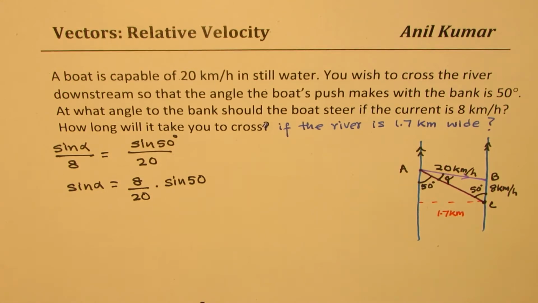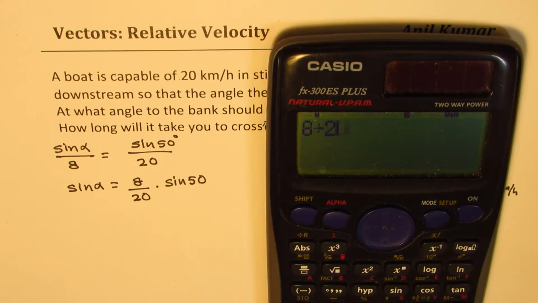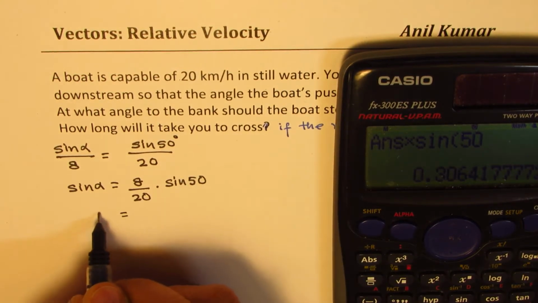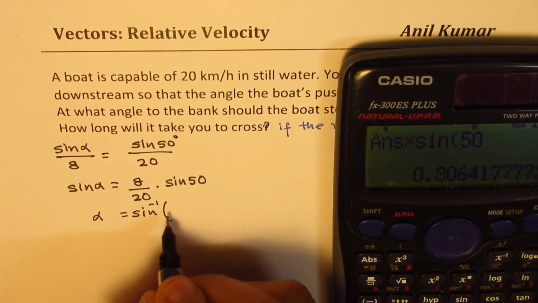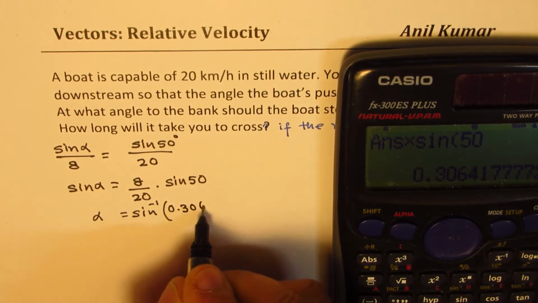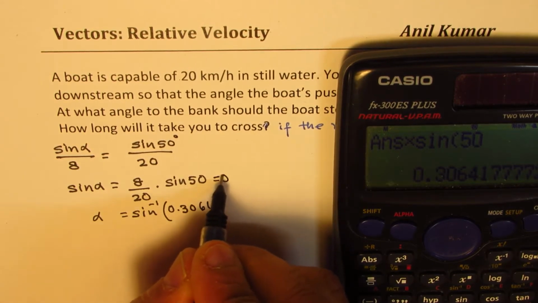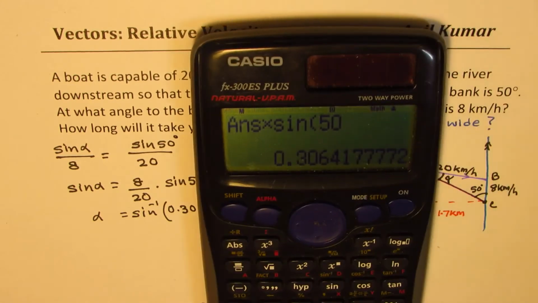So let's calculate this value. 8 divided by 20 times sine of 50 is equal to 0.3064. So alpha is the sine inverse of this value. We do sine inverse to find the angle alpha.